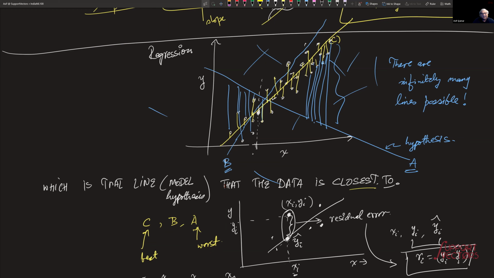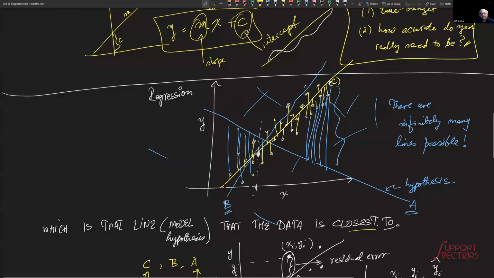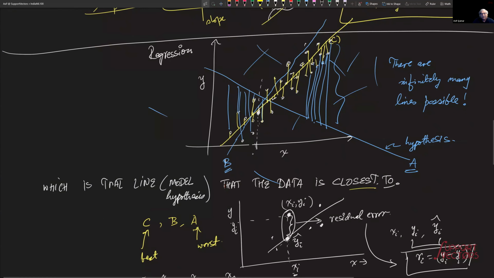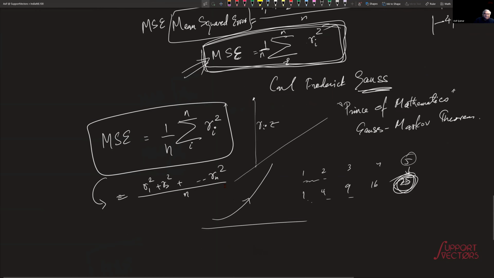Do you see that those sticky things coming out of the yellow line, those errors, are much smaller than the sticky lines coming out of the blue line? So you say, therefore, that C is a better hypothesis, a better model for this data than A is. And we have quantified that using this expression: mean squared error. Just again to remind you, squared error.